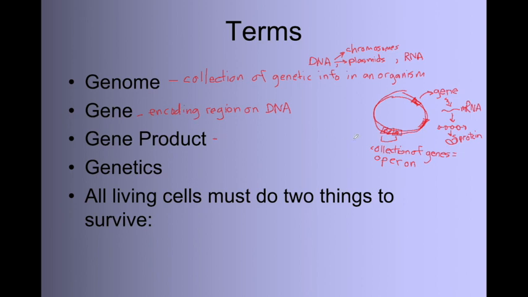So what would the gene product be? In technical terms, I'm going to say a polypeptide. Poly means many. Peptide is in reference to amino acids.